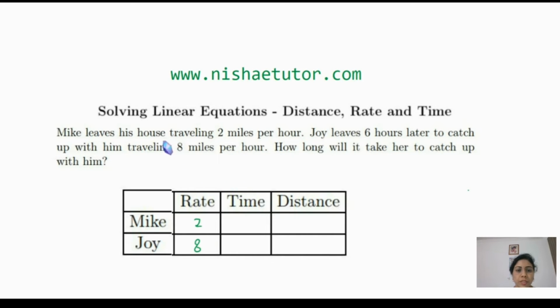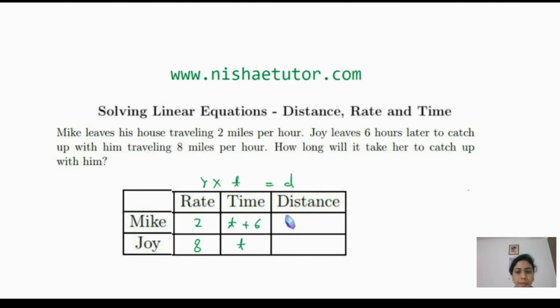And remember one thing here: the faster person takes time t, and the slower person takes more time, so t plus what? 6 hours later, so you can add 6. This is Mike's time. And simply here we multiply rate times time, we get distance.